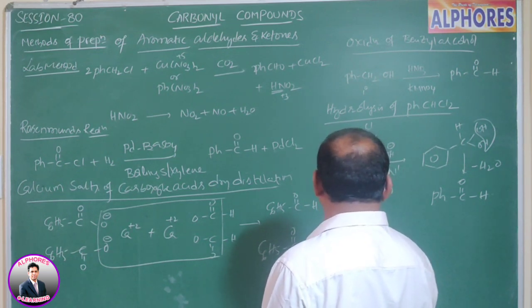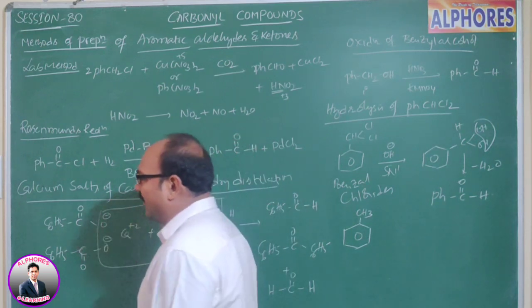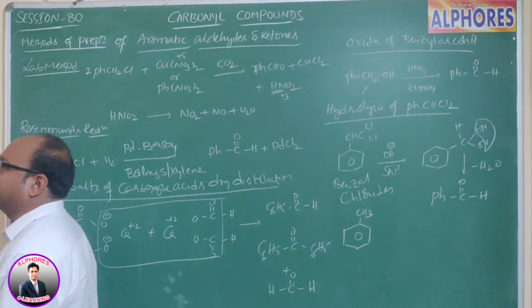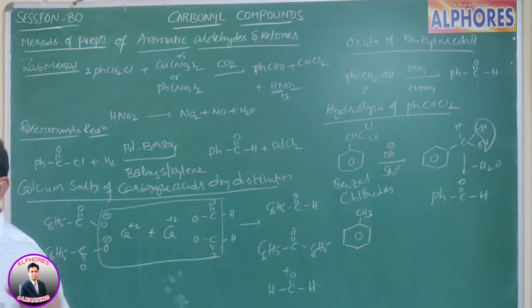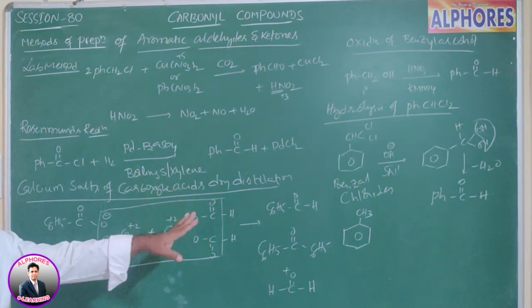toluene upon oxidation. Toluene is nothing but methyl benzene. But for its oxidation, we need to use reagents selectively, because with further oxidation you are going to get benzoic acid.